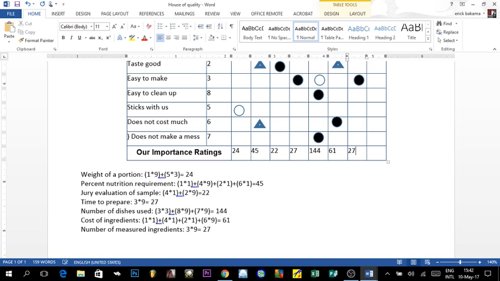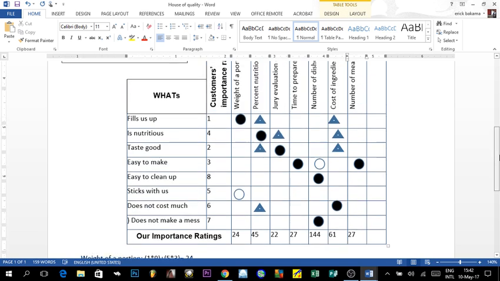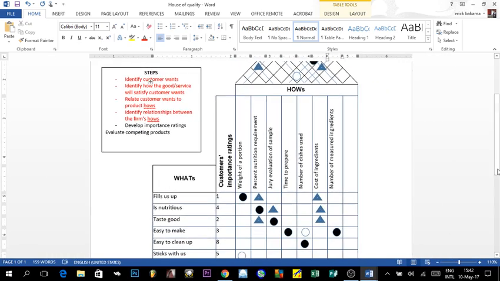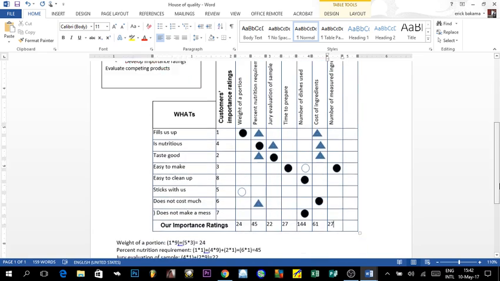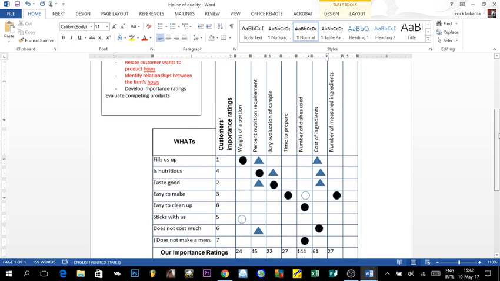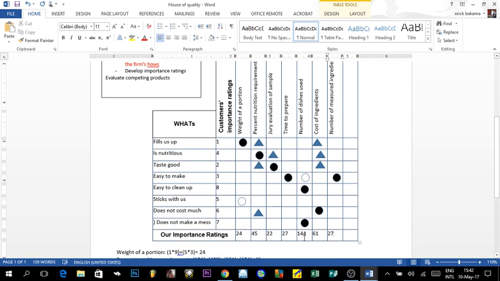and we are done. Now that we have our values here in the tables, it helps us understand that if we need to satisfy our customers, we really need to focus more on the number of dishes that we are using, this part here, because it has the highest ranking.